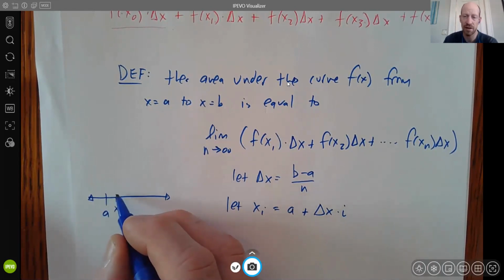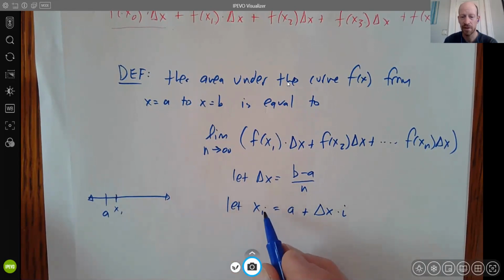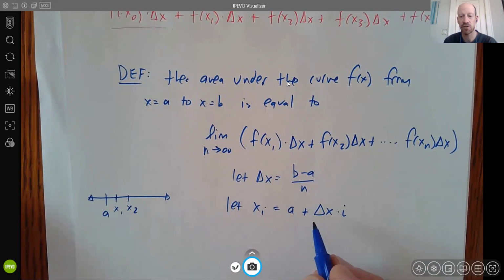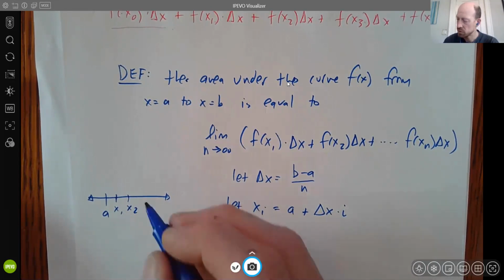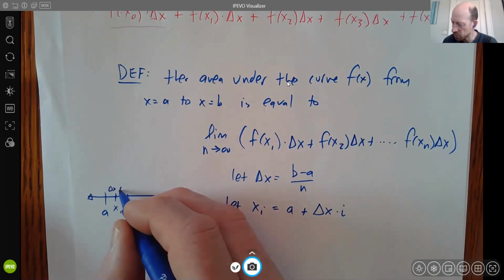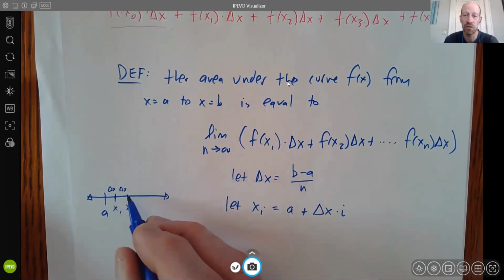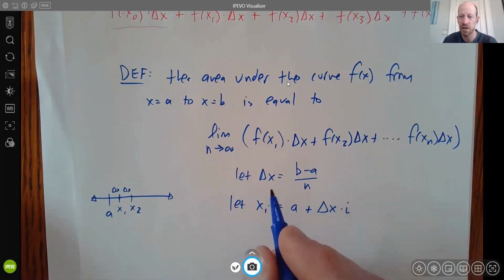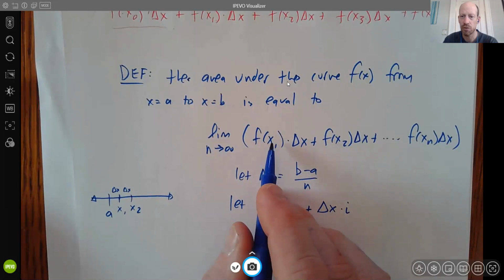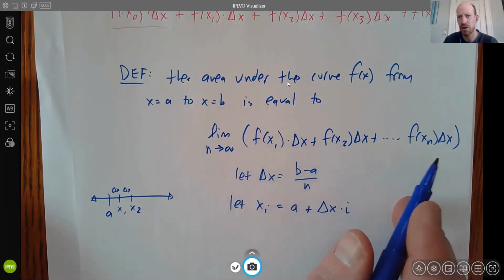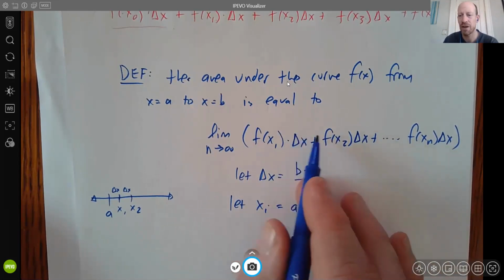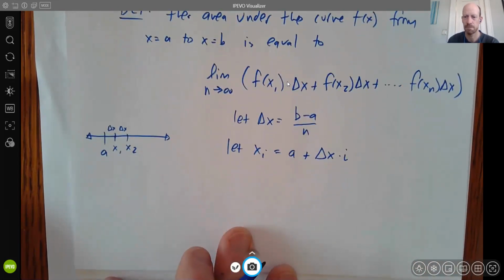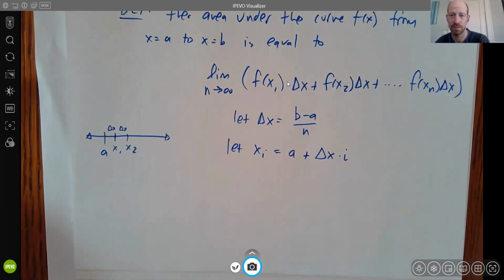So when we go from a to x sub 1, this is going to work. x sub 2 is going to be a plus 2 delta x's. So there's one delta x there, and there's another delta x there. And if I add 2 of those together, I get to x sub 2. So this little formula here is going to tell me the right endpoint of each of these intervals, no matter if I have 100 or 50 of these, or 1,000,000 of these.